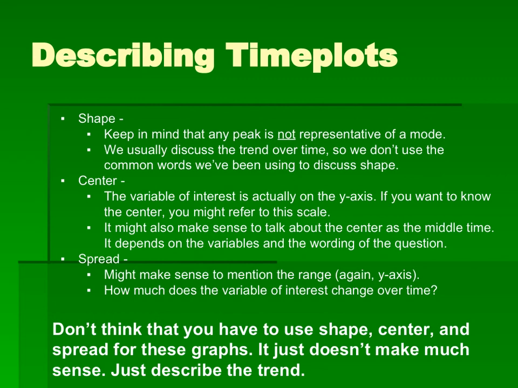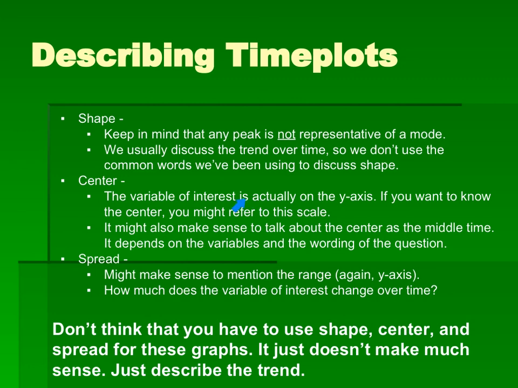To wrap things up here, a few other things to keep in mind. When we're talking about shape, any peak is not representative of a mode. It's not the value that most often occurs, it's just the highest value of that variable. We usually discuss trend over time, as I was trying to do for you on the last slide, so we don't use those common words to discuss shape like symmetric or skewed.